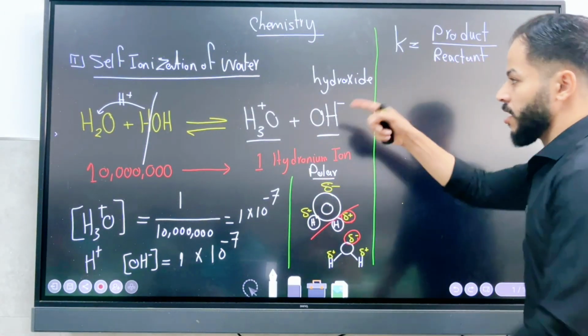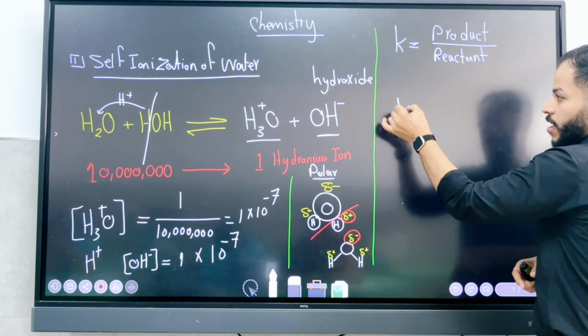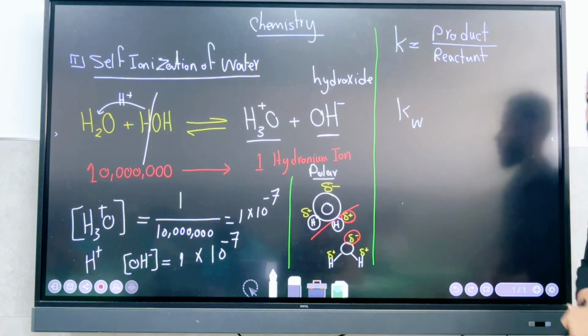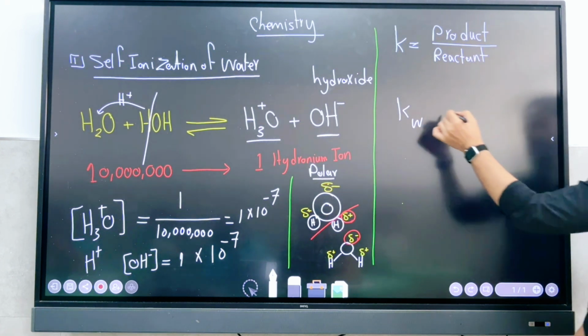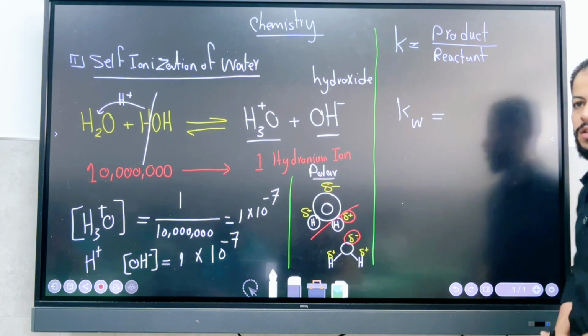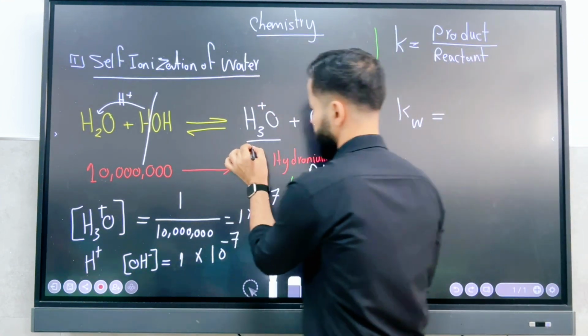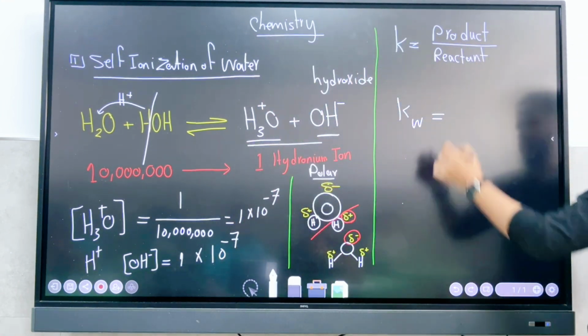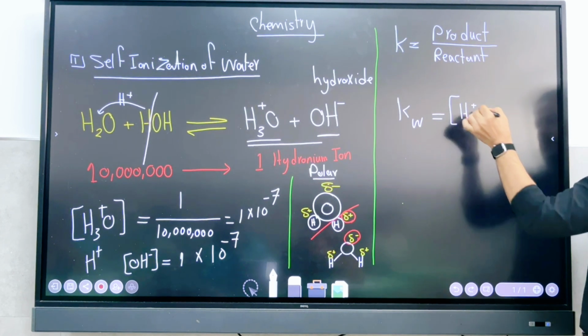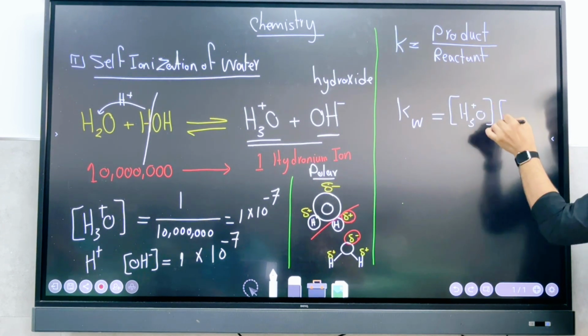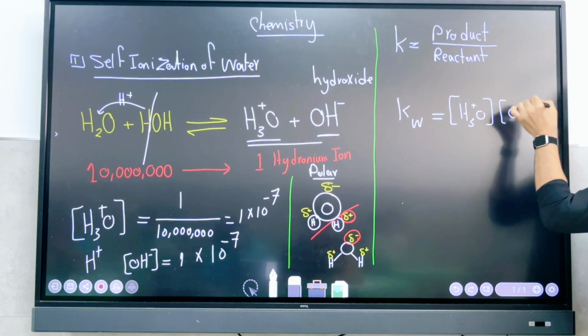Let's prove that. This is the equilibrium here for the ionization of water, called Kw, the self-ionization constant of water. So it equals product over reactant. In the product we have the concentration of hydronium ion times the concentration of hydroxide ion.